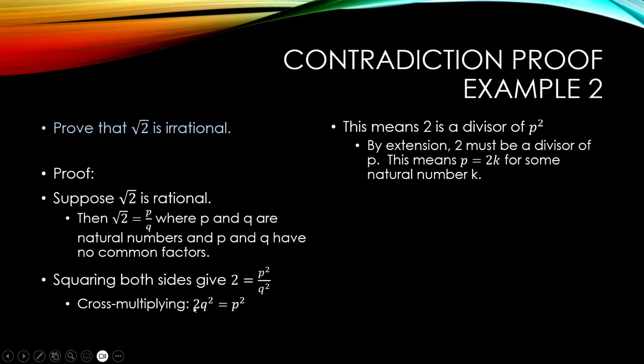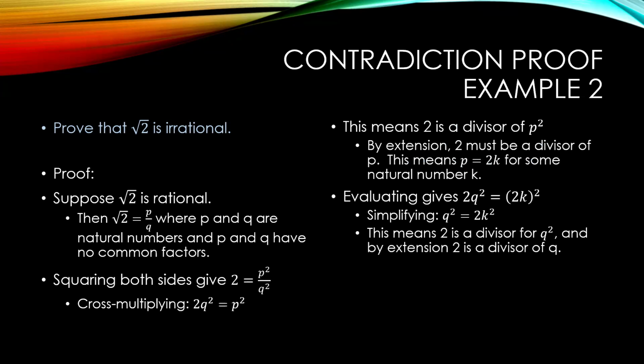Cross multiplying, we get 2q squared is equal to p squared. This tells us that 2 must be a divisor of p squared, because this is how we defined divisors. And so by extension, 2 must be a divisor of p. Since 2 is a divisor of p squared, 2 has to also divide p. This means that p is equal to 2k for some natural number k.